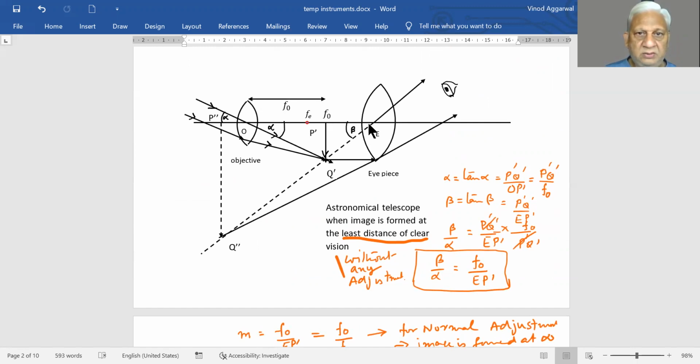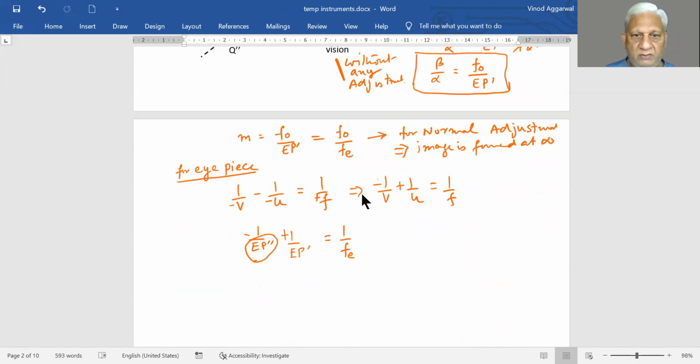If the image is formed at the near point, then we can rewrite this equation with V as minus D. This plus this: 1 over D plus 1 over EP dash is equal to 1 over Fe.